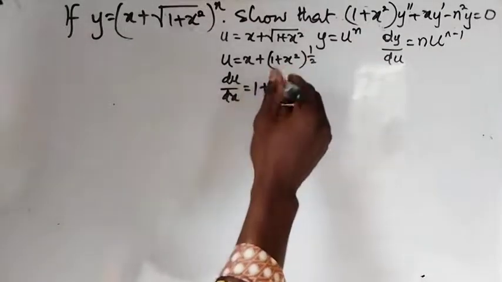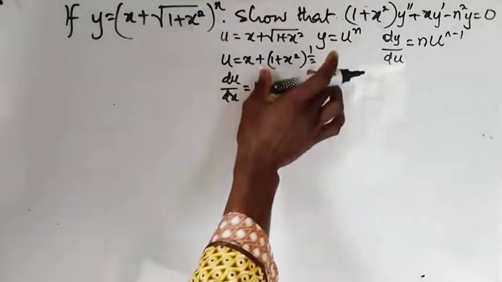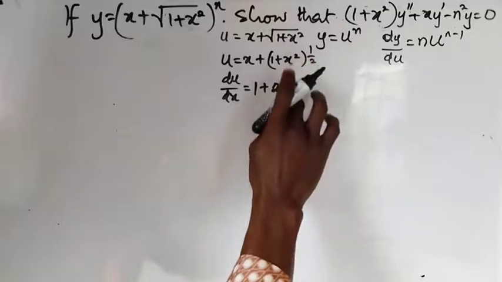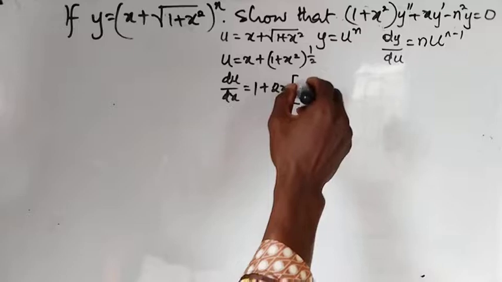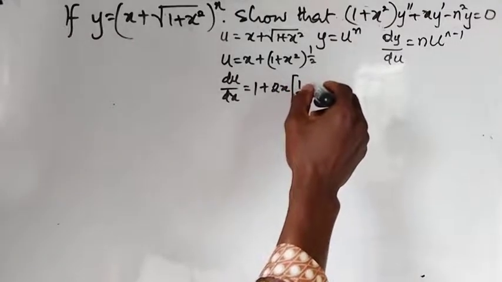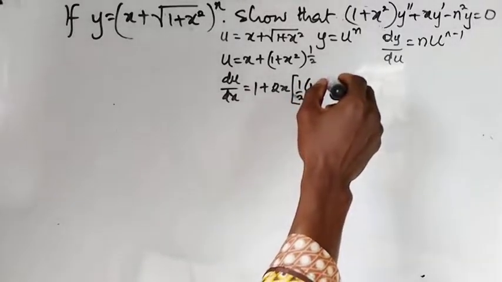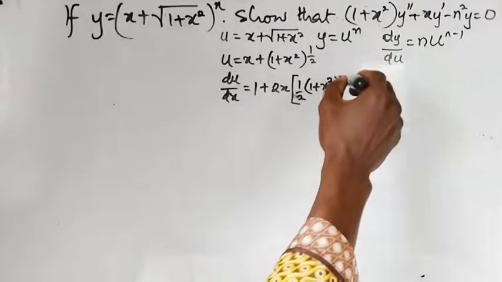You have 2x, then into the bracket, 1/2 times (1 + x²) raised to the power of minus 1/2.